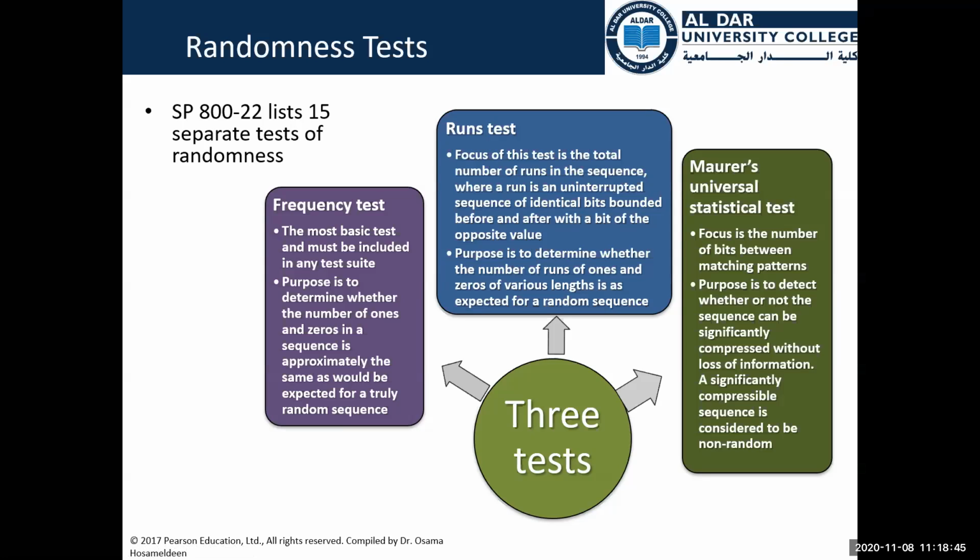You understand? I can count the total number of ones and the total number of zeros, and they are approximately equal. But if I take a small segment of the bit stream and test it, I will find the number of ones, for example, more than zeros. This is not good. It should be the same, either on a local substream or the entire bit stream.